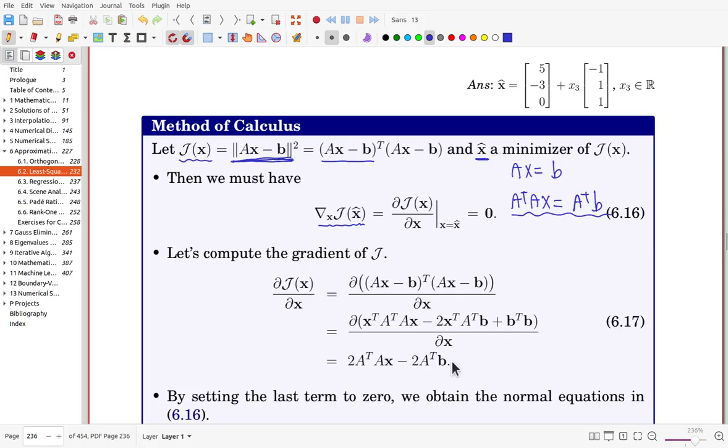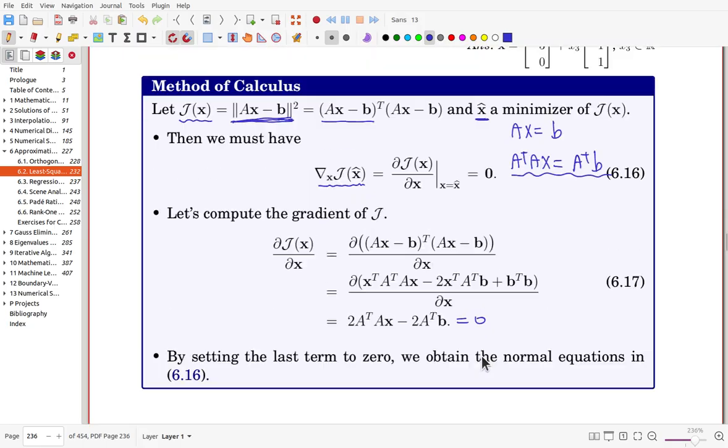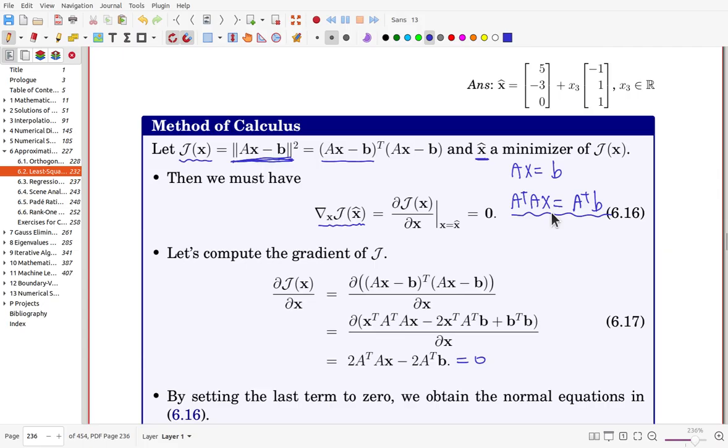Now it is 0. When x hat is substituted, it's 0. Then that is exactly the same as that one. So the normal equation can be obtained by using the method of calculus.